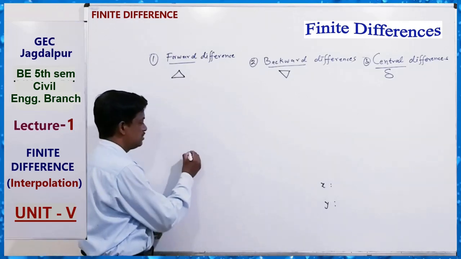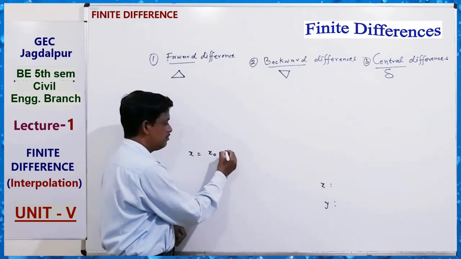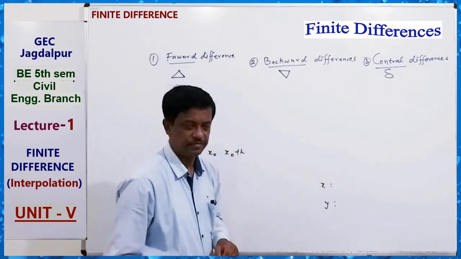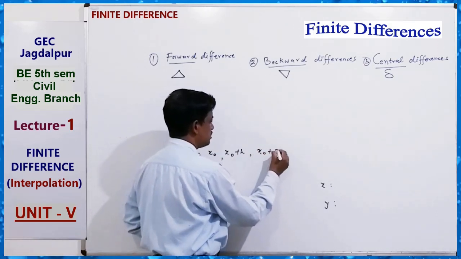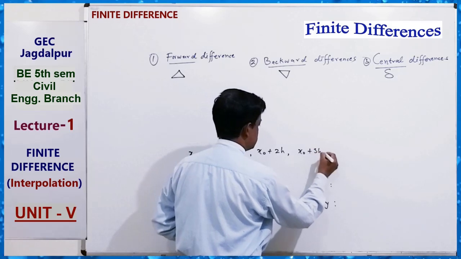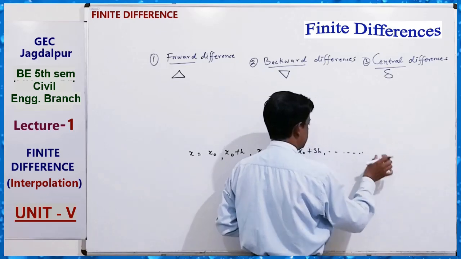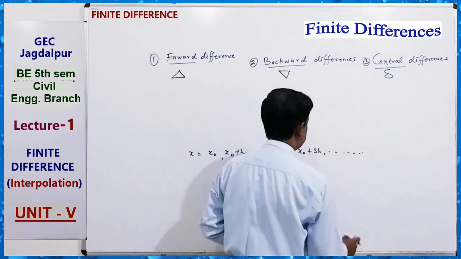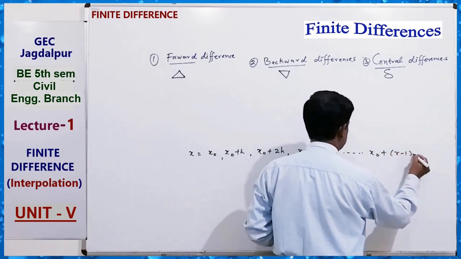Suppose the first value is x0, the second value is x0 plus h, suppose the interval is h, then the third value will be x0 plus 2h, the fourth value will be x0 plus 3h, and up to the rth value, which will be x0 plus (r minus 1)h.